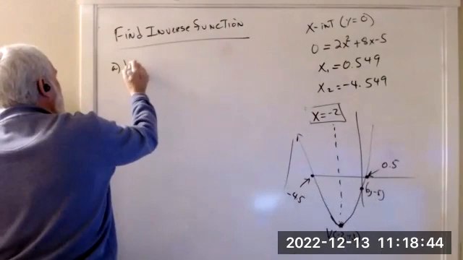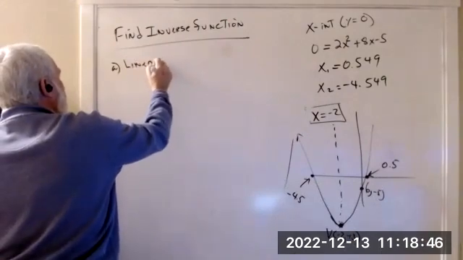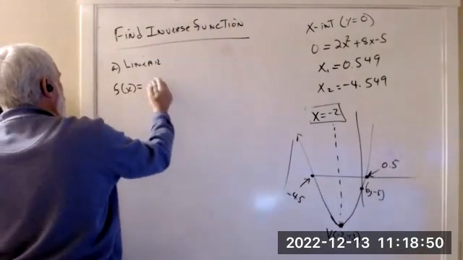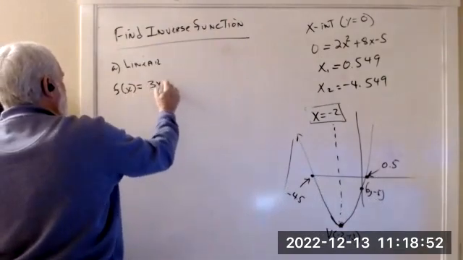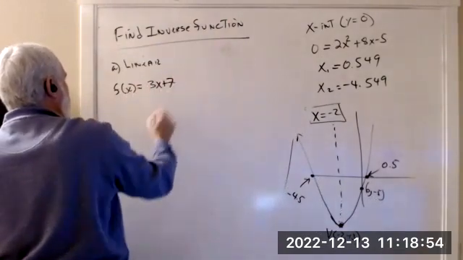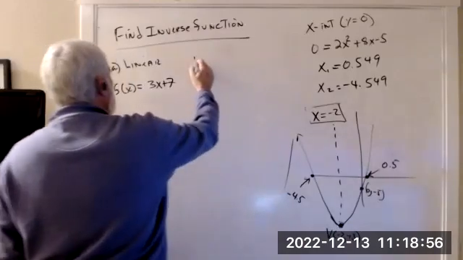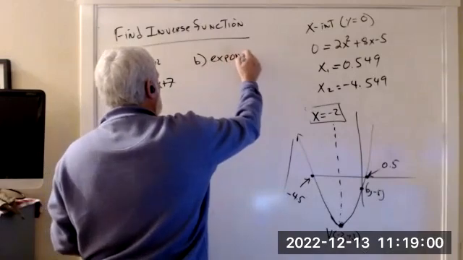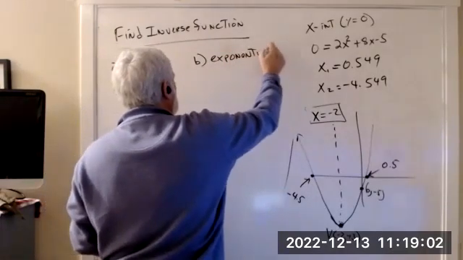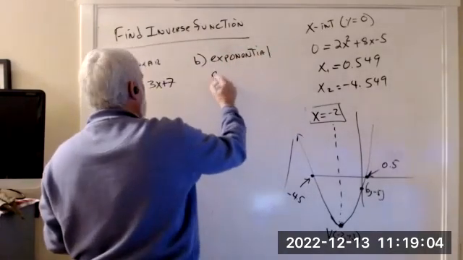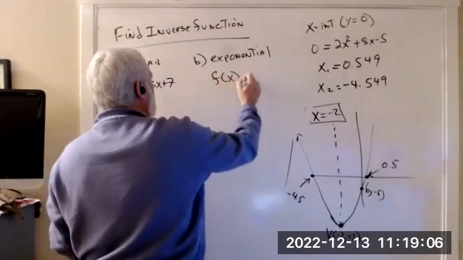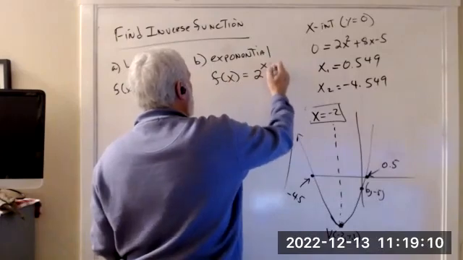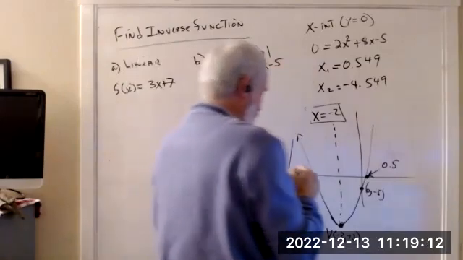We talked about linear, which would be something like f of x equals 3x plus 7. Or we talked about exponential, which would be something like f of x equals 2 to the x minus 5.